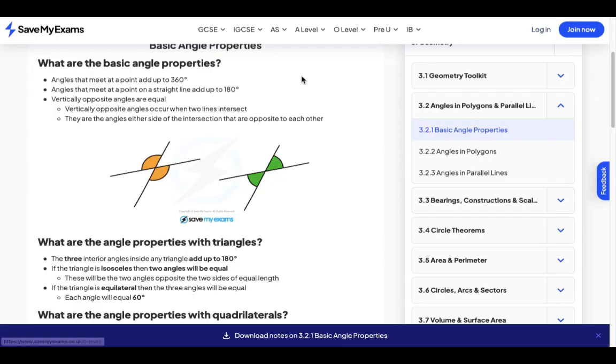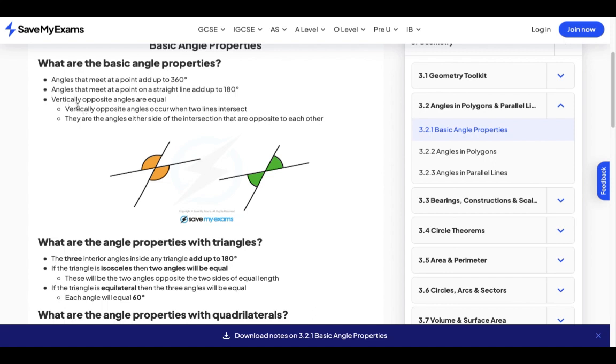Okay, I think that's the basics this one is trying to illustrate. This green angle is equal to this green angle, and this orange angle is equal to this orange angle.